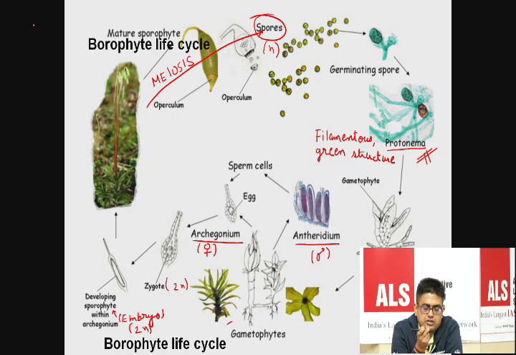Based on the receptive nature of these chemicals, it can find its way. So chemotaxis helps in fertilizing the female gamete, forming a zygote, then an embryo. This is how it basically happens.